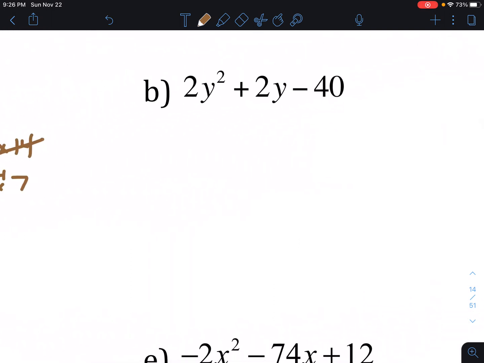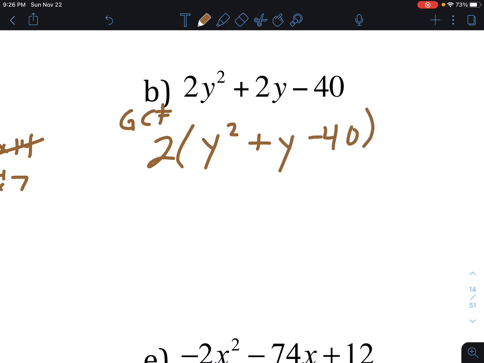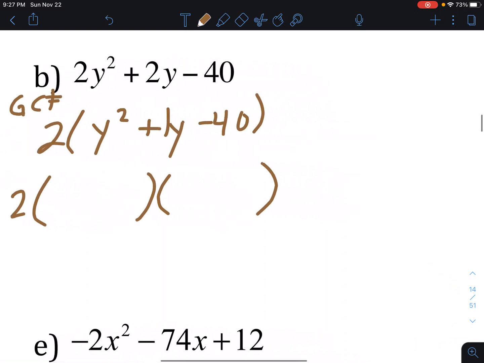Okay, letter B. Does it have a GCF first? Yes, it does. It does have a GCF of 2. Just 2. So then that divides to have y squared plus 1y minus 40. If it helps, put in a 1 here. Now I can factor this further. This trinomial will make 2 binomials.